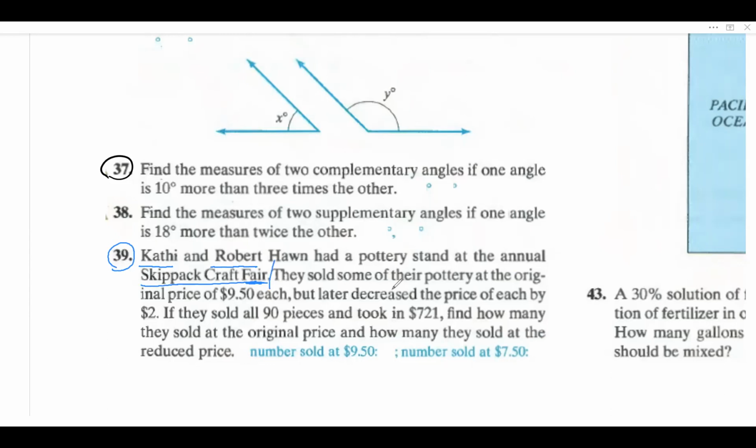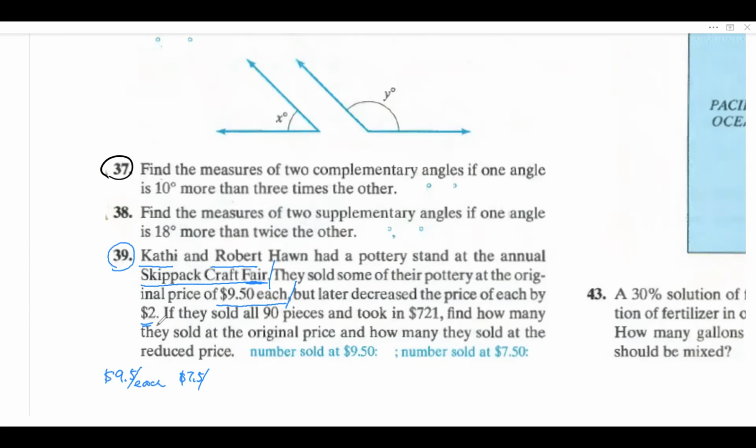They sold some of their pottery at the original price of $9.5 each, but later decreased the price of each by $2. So the initial price is 9.5, and the second one becomes $7.5 each, right?